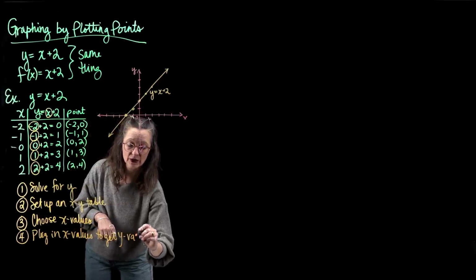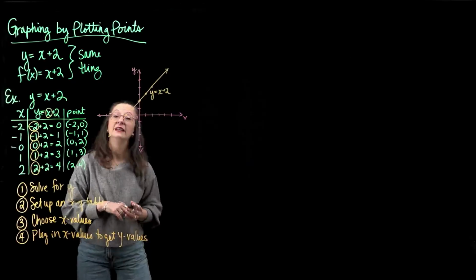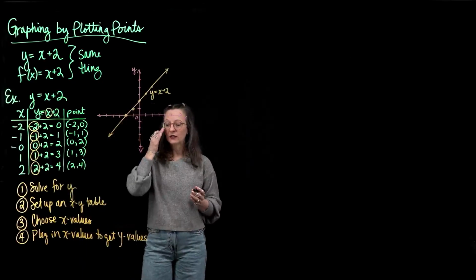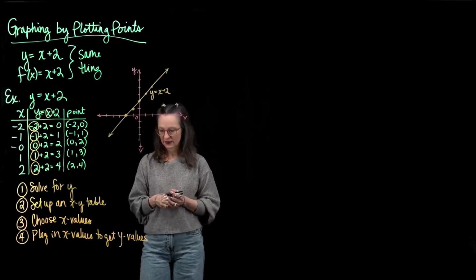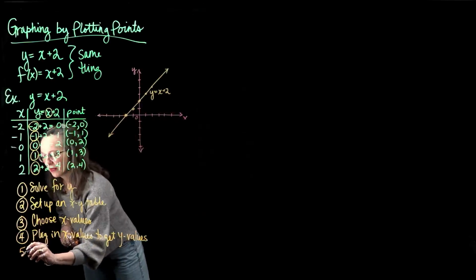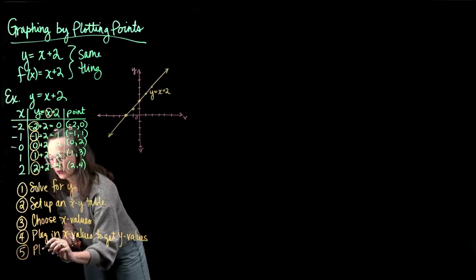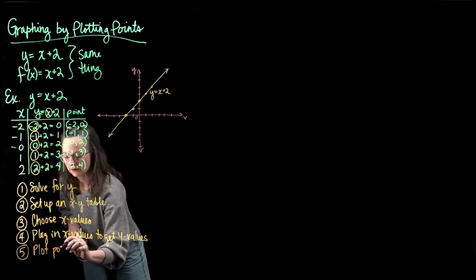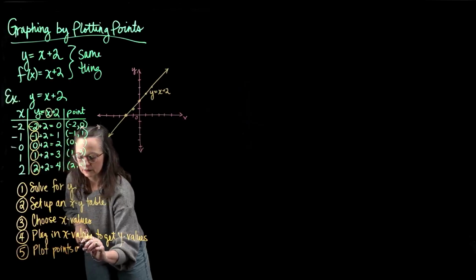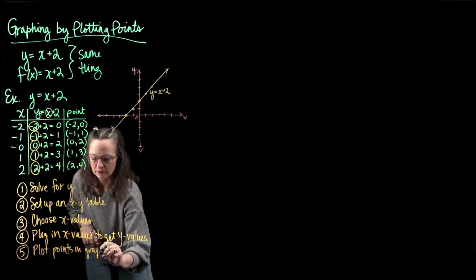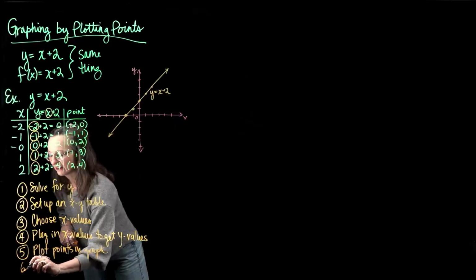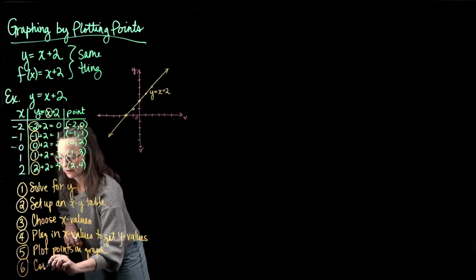Remember, y is our dependent variable, and it depends on the x value. Fifth step, we're going to plot those points on the graph. And then finally, we're going to connect them up.